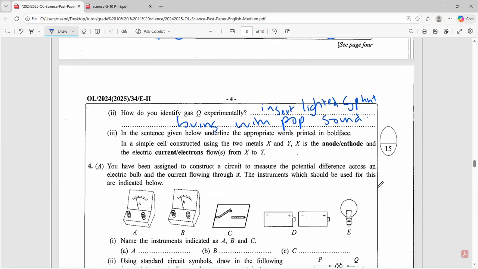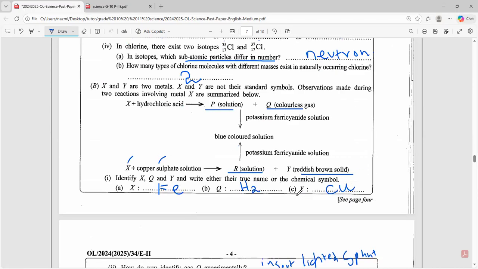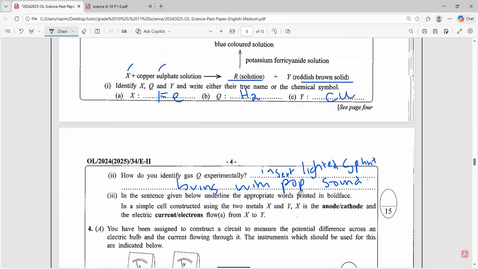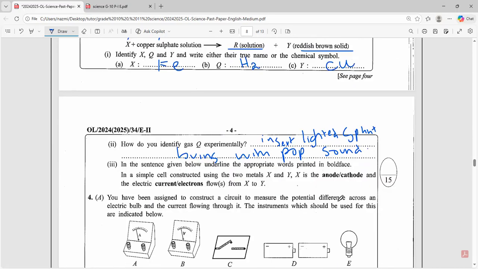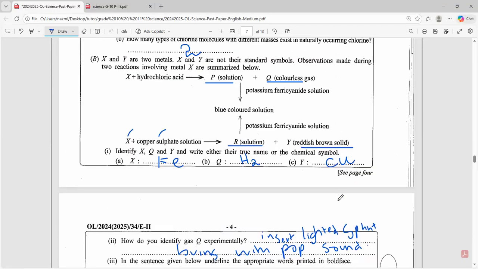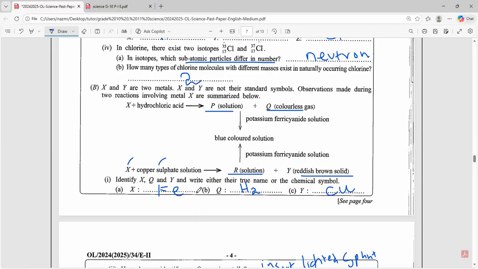In a simple cell constructed using the two metals X and Y, now what is X? X is iron. Y is copper. So what will be the anode? X is iron. You identified, did you? Did you correct your answers?